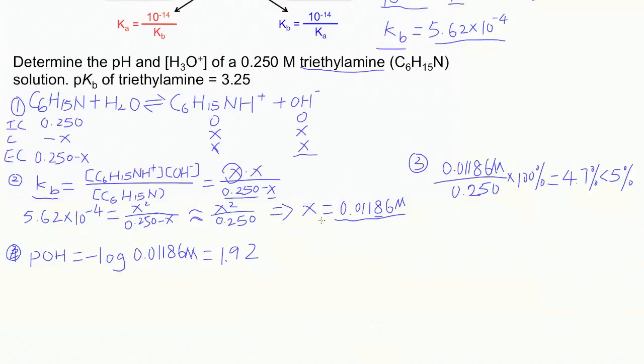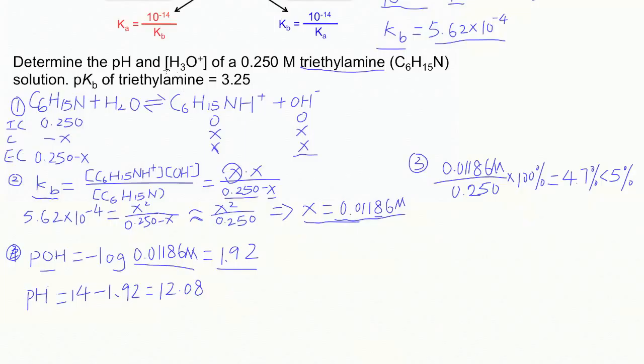Okay, so the x value here is the concentration of hydroxide. Now you take the negative logarithm of this concentration, you get your pOH value, 1.92. Now the pH value would be easy because you can just use 14 minus 1.92. And what I got here is 12.08 pH value.